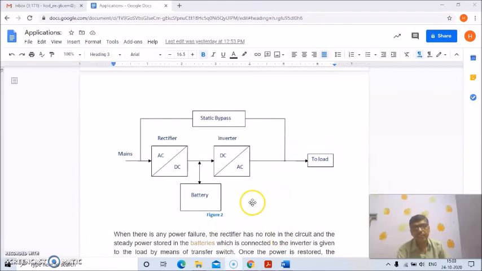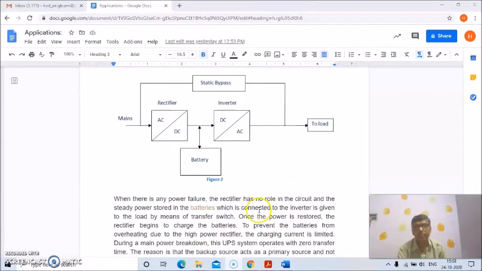The function is that when there is a power failure, the rectifier has no role in the circuit, and the steady power stored in the batteries, which is connected to the inverter, is given to the load by means of the transfer switch.